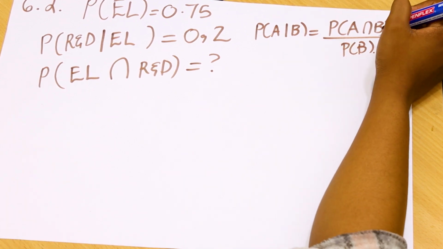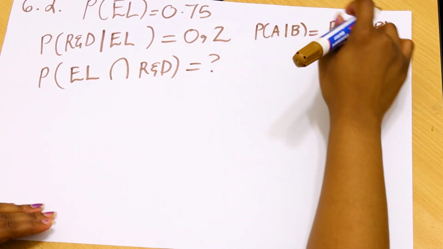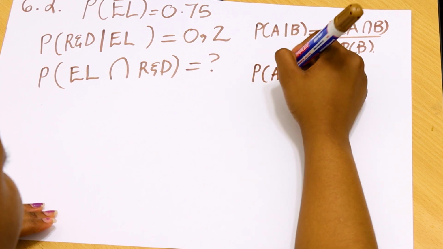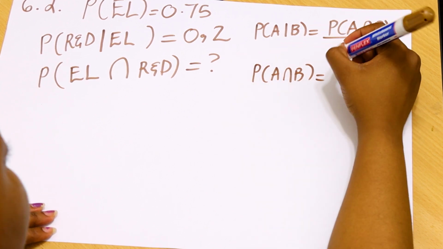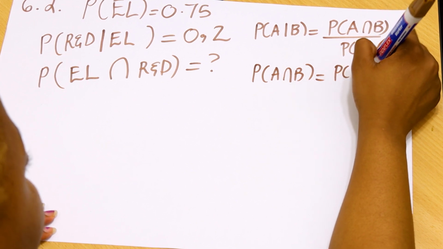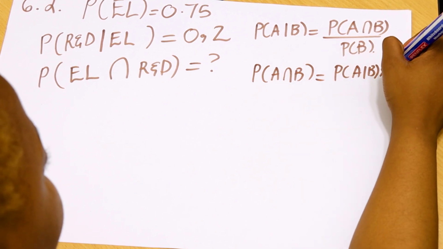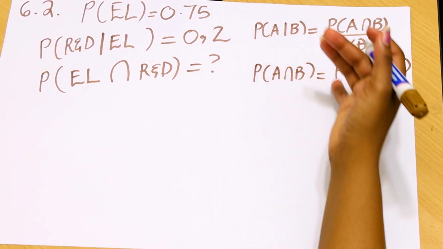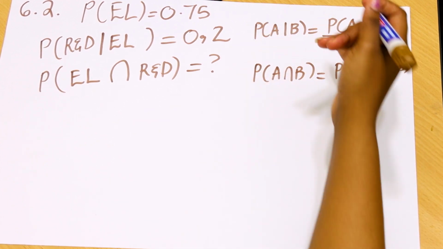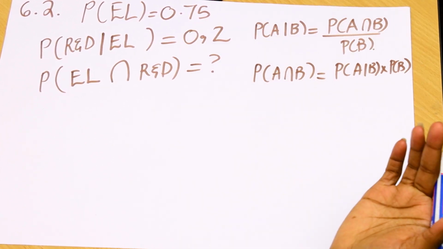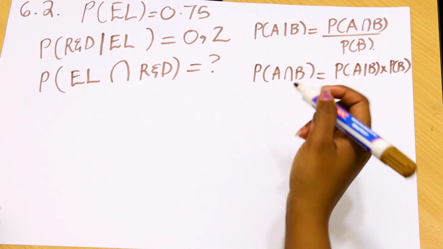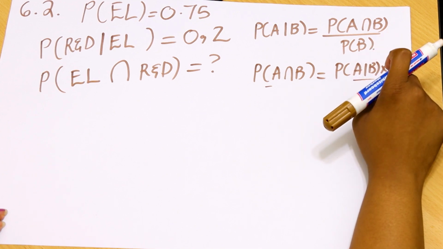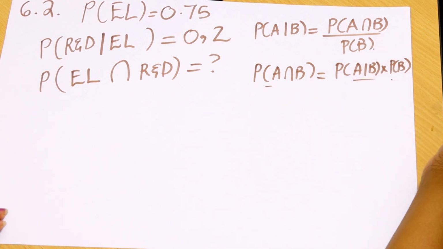So you either know this equation this way, or when you cross multiply, take this here and this here, it would be probability of A and B equal to probability of A given B multiplied by probability of B. So this is the same equation for conditional probability, just that the other one, this one, you get when you cross multiply. So it means the one we're going to use is this one, because we have the condition and the marginal probability for B.